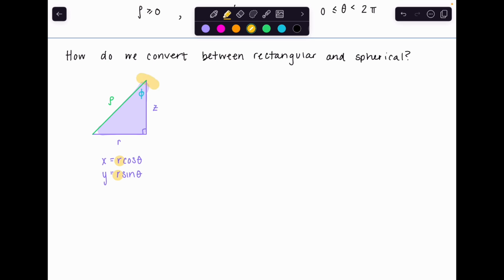So that's where this lovely triangle now comes into play. So if you think about sine of this angle, phi, that's equal to opposite over hypotenuse. So what I can actually do is solve for r. My r is going to equal rho sine of phi. Okay? Which is great because this r is exactly the same.